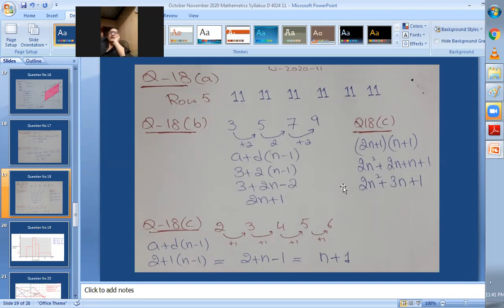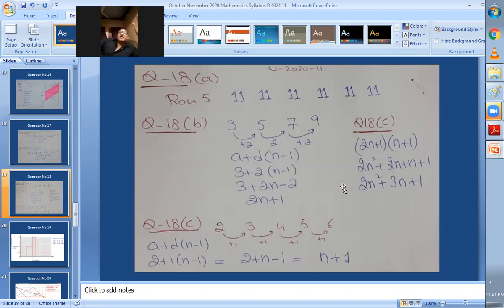So you can see this sequence, you get the next term by adding 1. So I can apply the formula A plus D bracket n minus 1. So A is 2, D is 1. So 2 plus 1 bracket n minus 1. So it will be 2 plus n minus 1. So the formula will be n plus 1. So basically the number of terms in a row can be found by n plus 1.